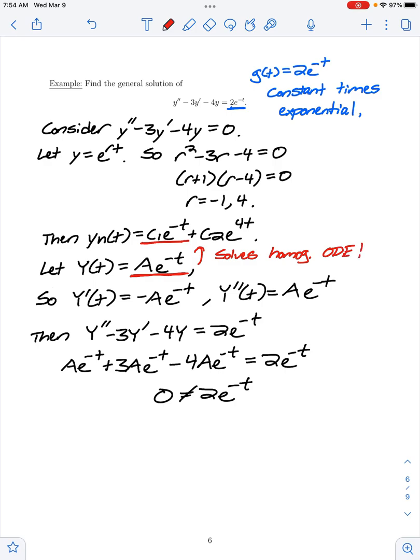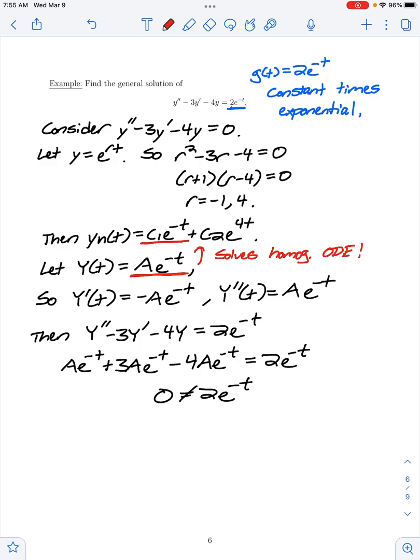So here we had a solution of the homogeneous equation, which was a constant times e to the negative t. So a function of that form cannot possibly solve the non-homogeneous equation. It was already a solution of the homogeneous equation.